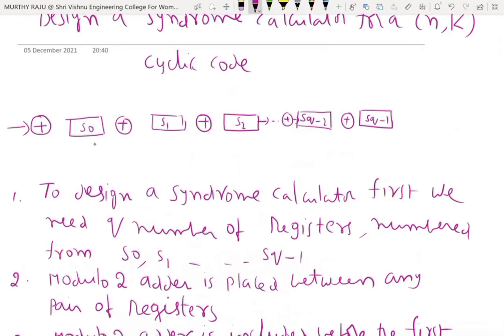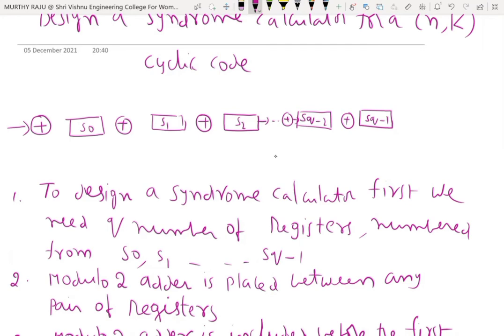Initially, to design a syndrome calculator, we need q number of registers numbered from S0, S1, S2, up to S(q-1), where q is equal to n minus k. Suppose for a (7,4) cyclic code, q is equal to 7 minus 4, that is 3, and 3 minus 1 is 2, so S0, S1, S2. Three registers are needed.